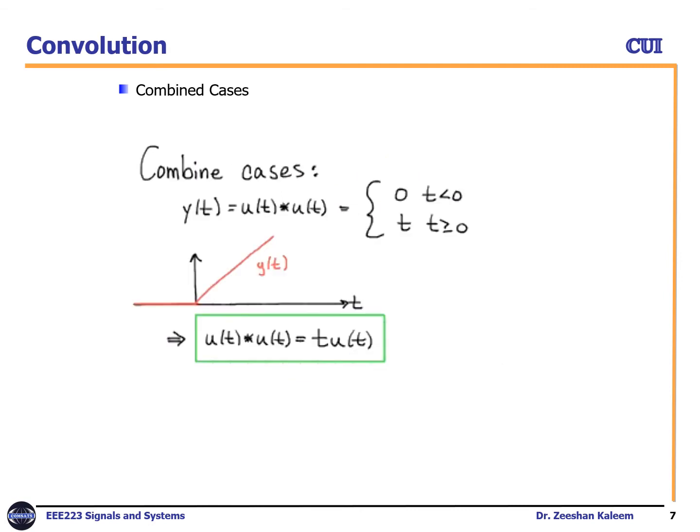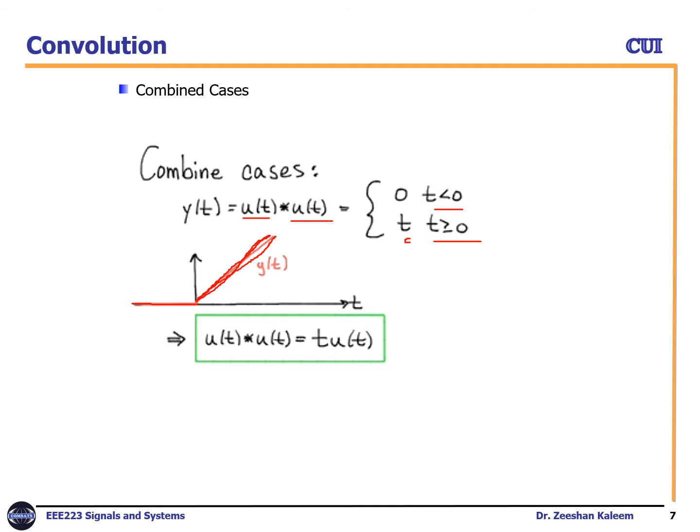So you can combine them. So what is the result of the convolution between u(t) and u(t)? You get output which is 0 for t less than 0 and t for t greater than or equal to 0. So it will look like this: 0 and then this linear function, right?